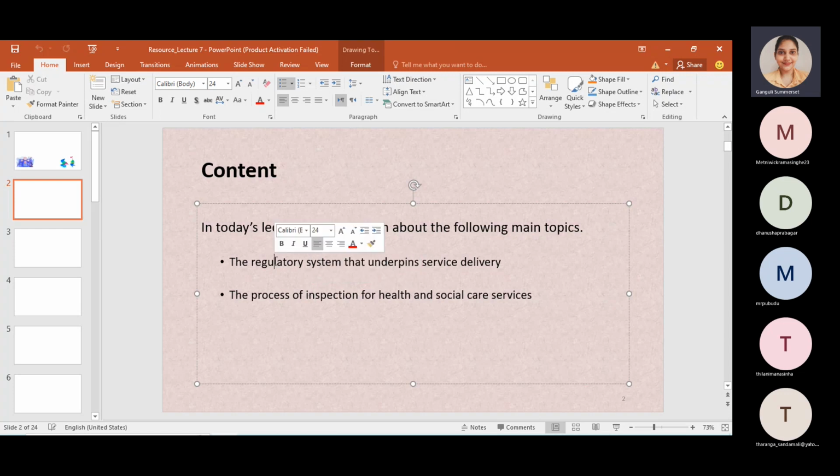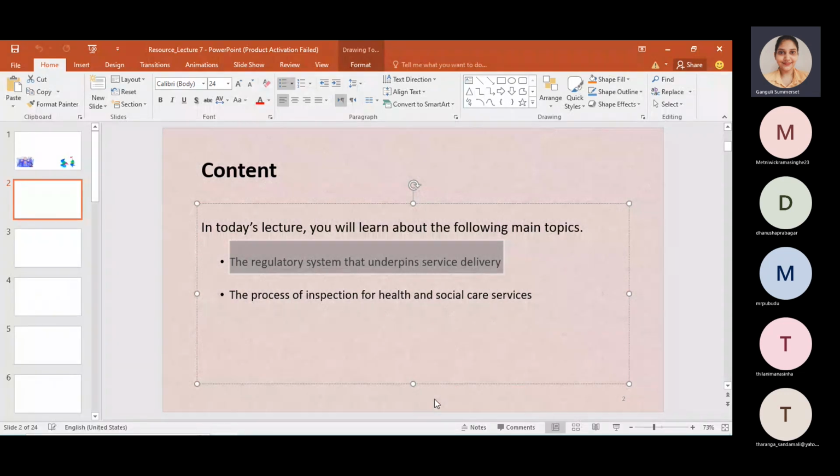First of all, we'll discuss the regulatory system. The regulatory system means basically the regulatory bodies that underpin, meaning support. So in this first main topic, you will learn about the regulatory systems or regulatory bodies that support health and social care service delivery.